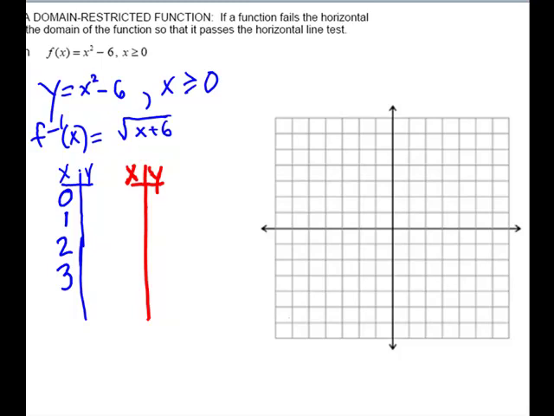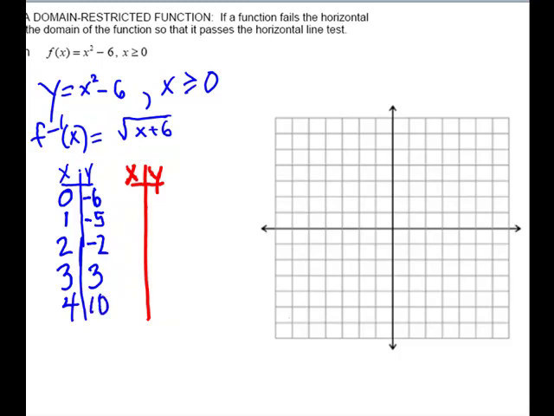So 0 squared is 0, minus 6 is -6. 1 squared is 1, minus 6 is a -5. 2 squared is 4, minus 6 is a -2. 3 squared is 9, minus 6 is 3. And if I do one more, 4 squared is 16, minus 6 would give us 10.